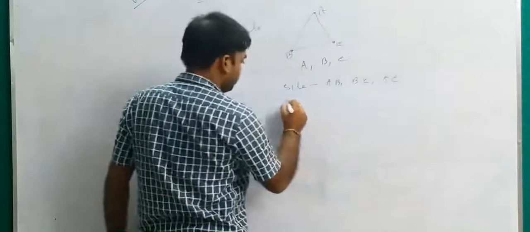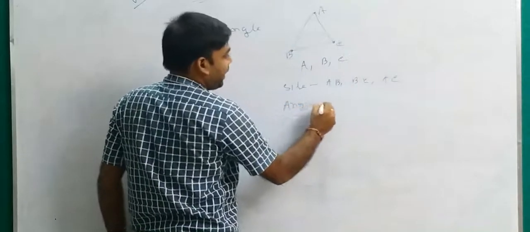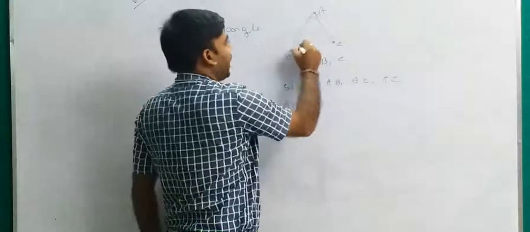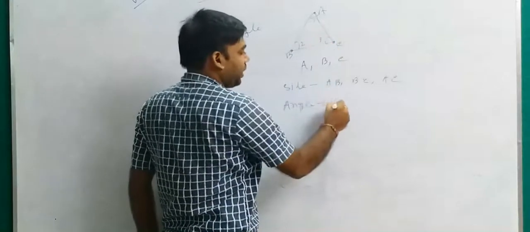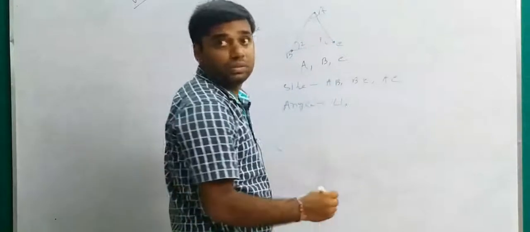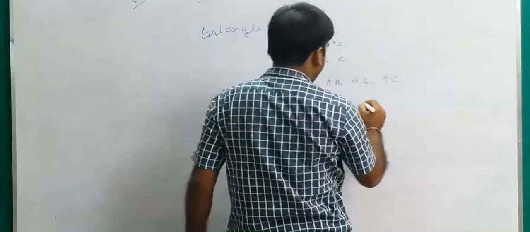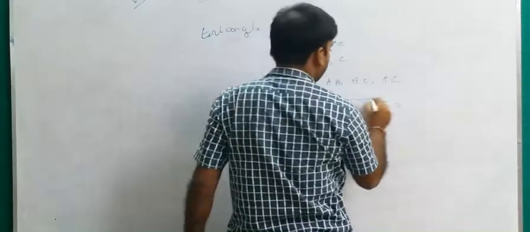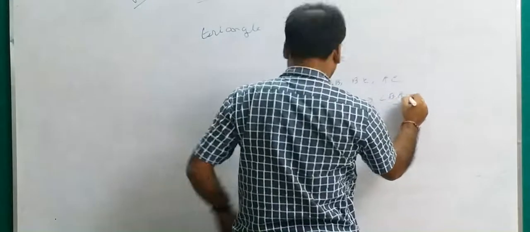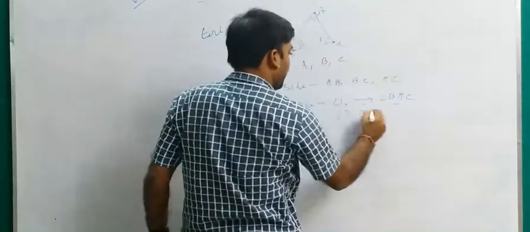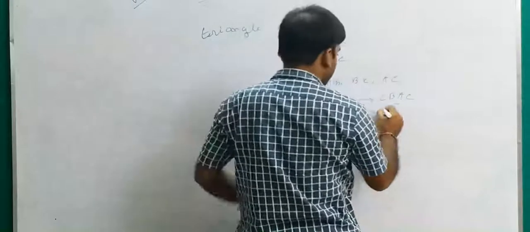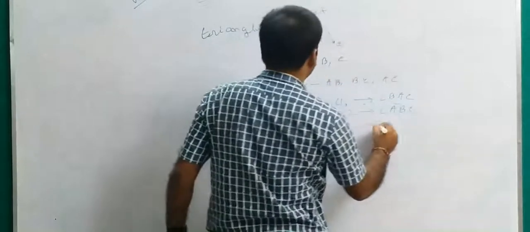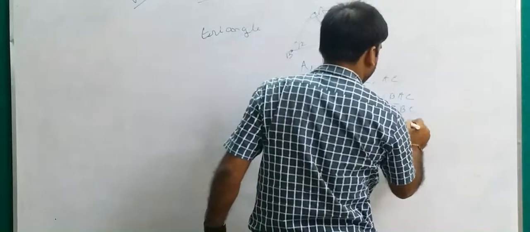It has 3 angles, which can be written as angle 1, angle 2 and angle 3. Angle 1 is angle BAC, angle 2 is ABC, and angle 3 is ACB.